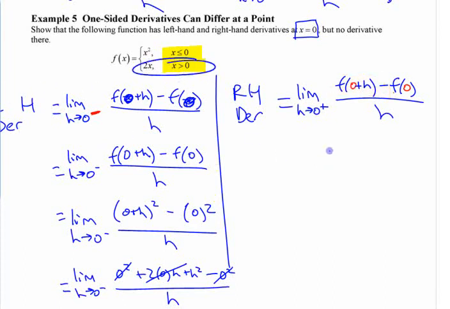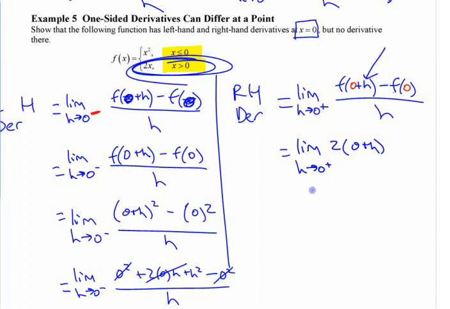This one does, right? So we have the limit as h approaches 0 of, I have to use this function, 2 times 0 plus h, right? Do you see why you use that function? When you're above 0, you have to use that function.